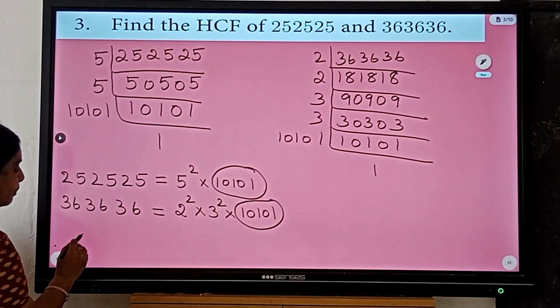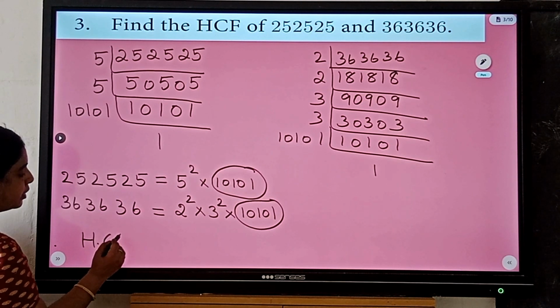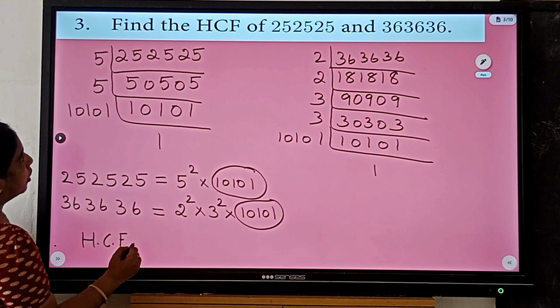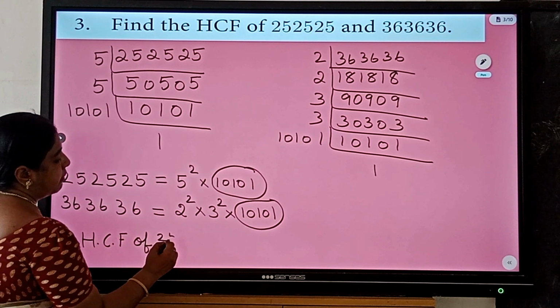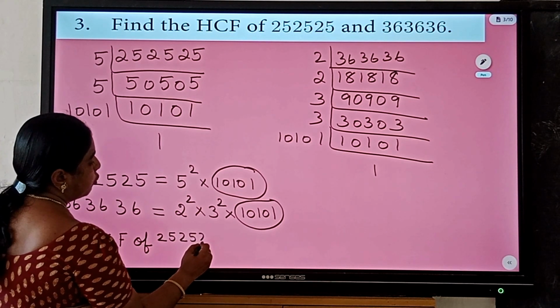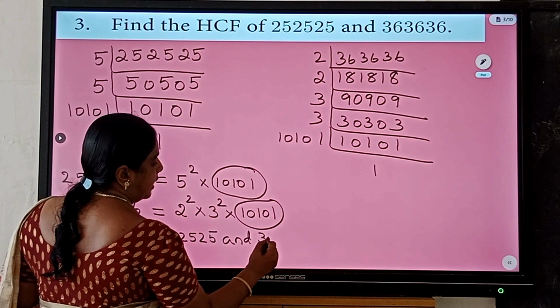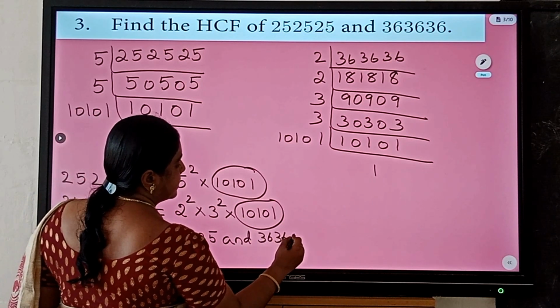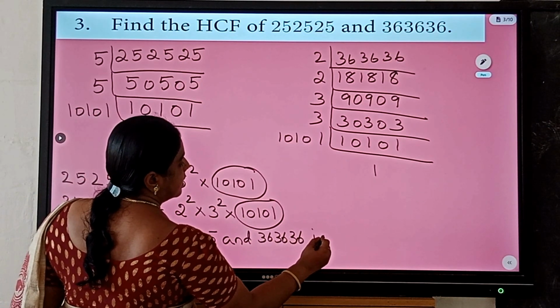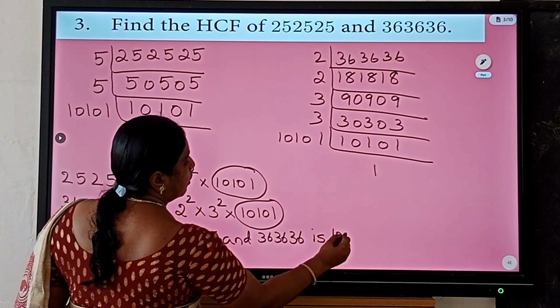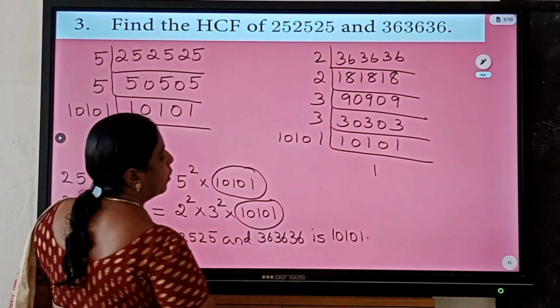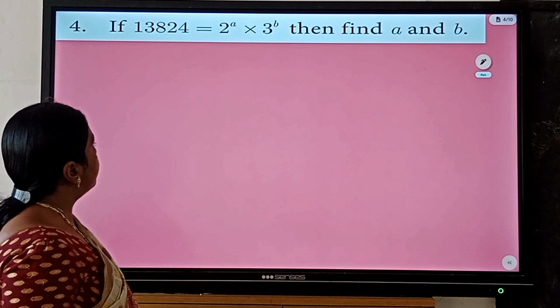So that is going to be my HCF. So the HCF of 252525 and 363636 is 10101.